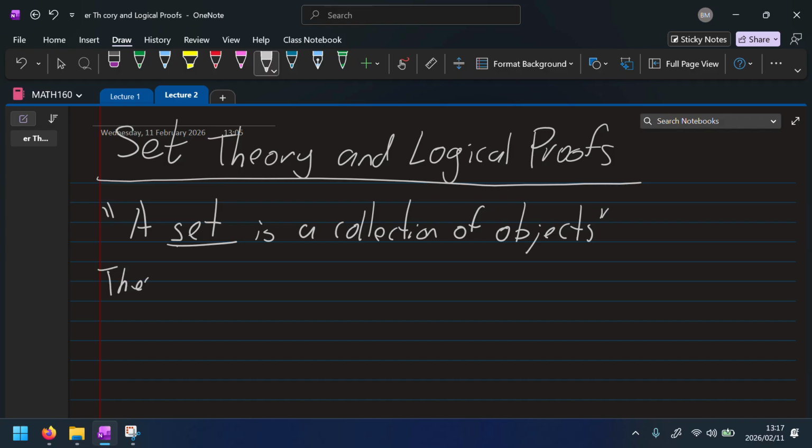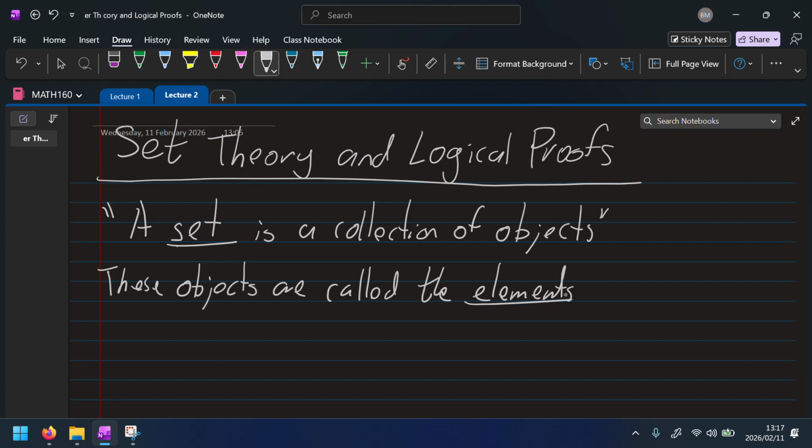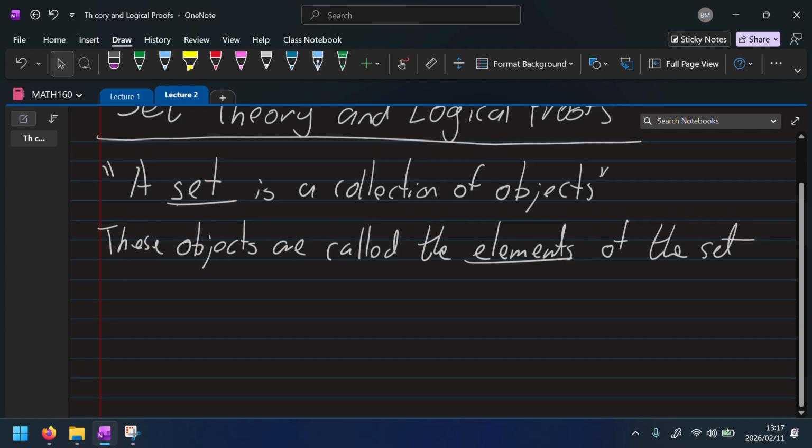These objects are called the elements of the set. So a set is some collection. Within that collection, we call those things the elements.